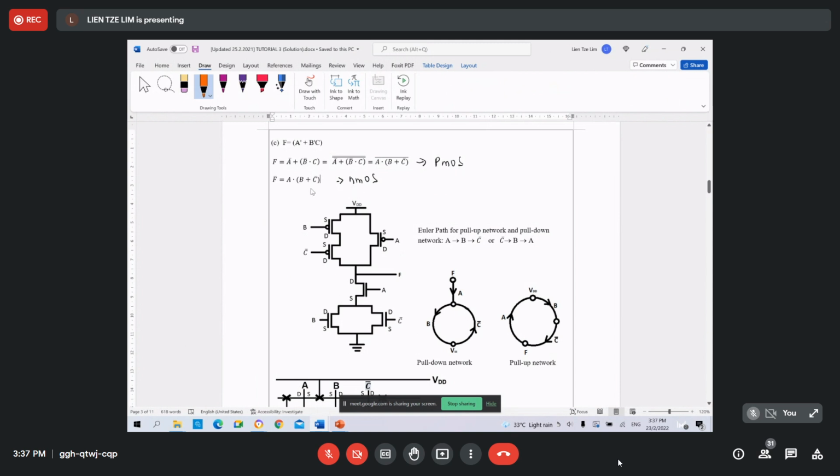Based on the functions given, we can easily know how we should draw the schematic through the AND and OR operations. So this is the OR operation, and this is the AND operation.